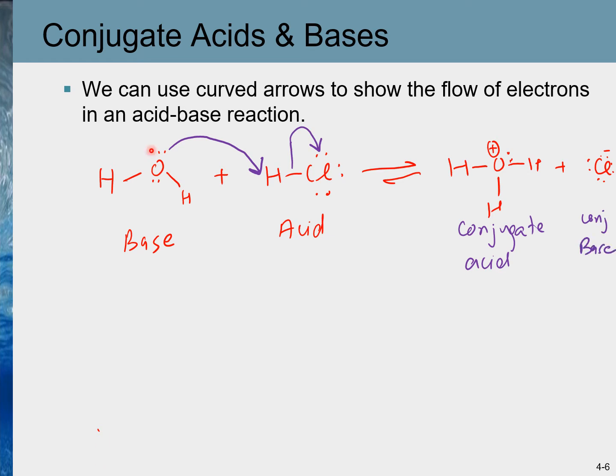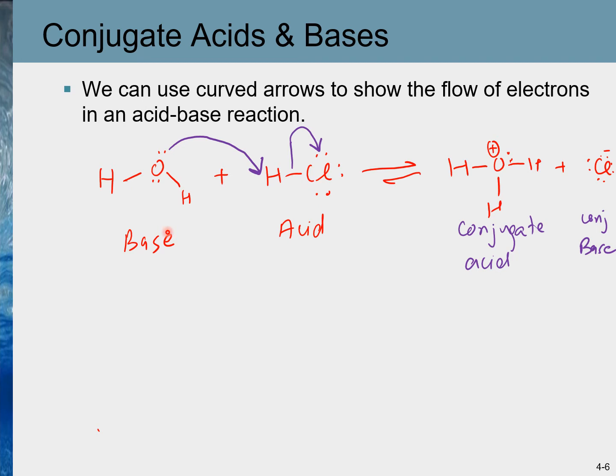The arrow which originates from the lone pair and goes to the proton indicates the formation of a new bond. So this is a new bond formation between oxygen and the proton. And the arrow which shows this bonding pair of electrons going to the chloride ion indicates the breaking of this bond.